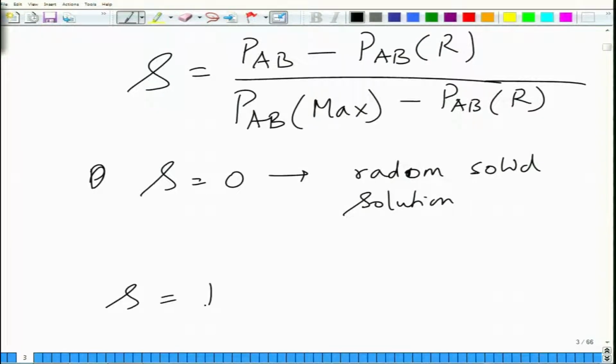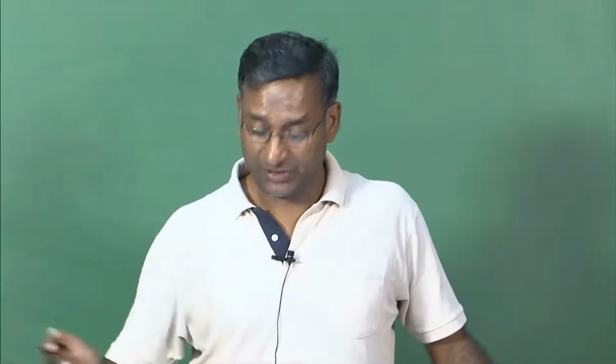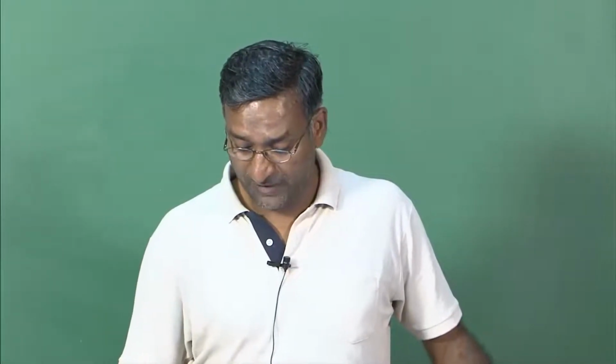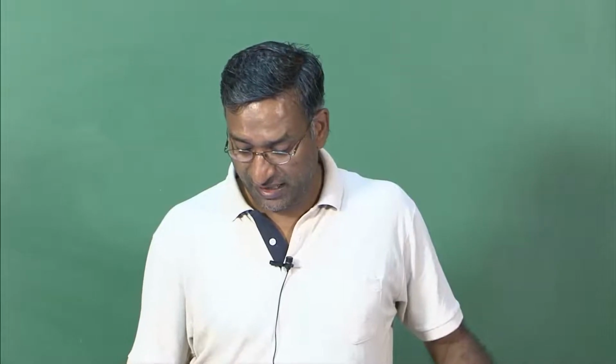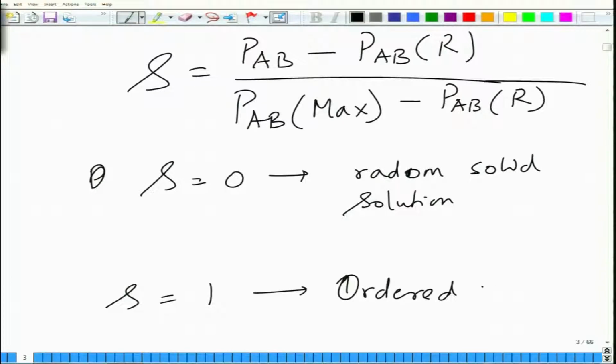Or you can have the other scenario, which is S equal to 1, where the number of AB bonds is the same as the maximum number of AB bonds that you can have in an ordered solid solution. In that case, it will become equal to 1. So, this is completely ordered, and this is found in various material systems.